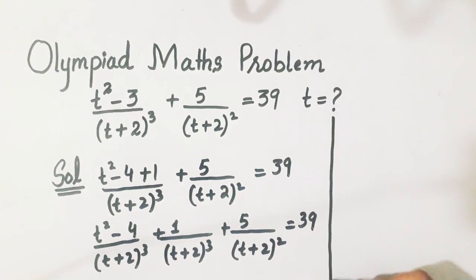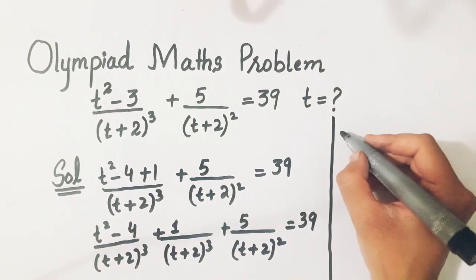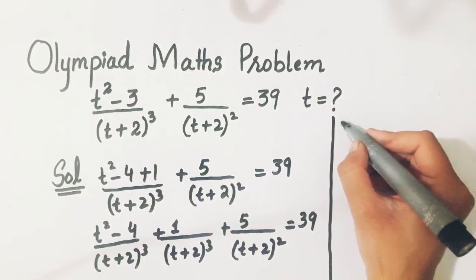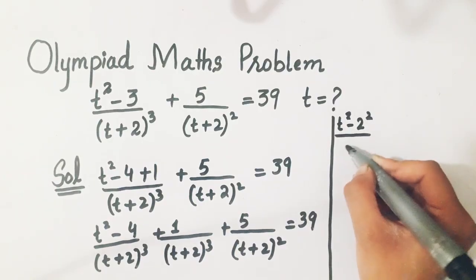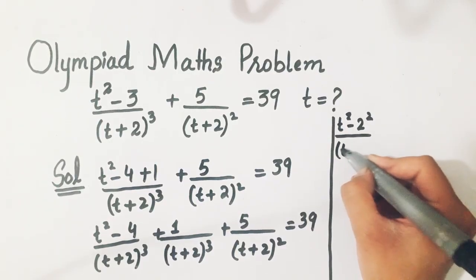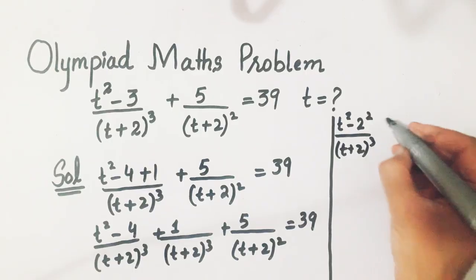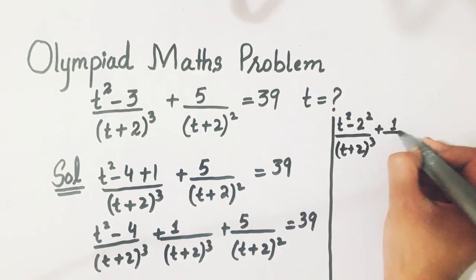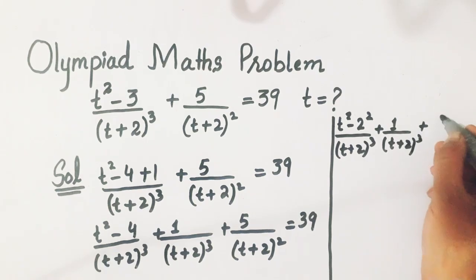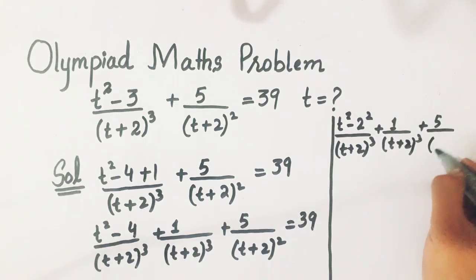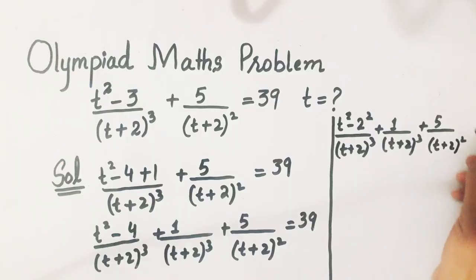Now what will be the next step? t² − 4 can be written as t² − 2². So (t² − 2²)/(t + 2)³ + 1/(t + 2)³ + 5/(t + 2)² = 39.